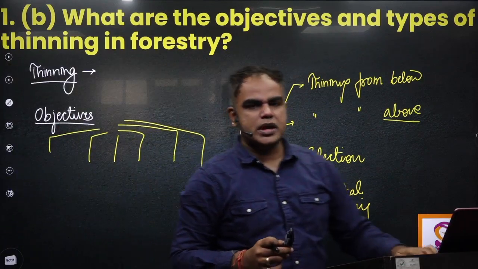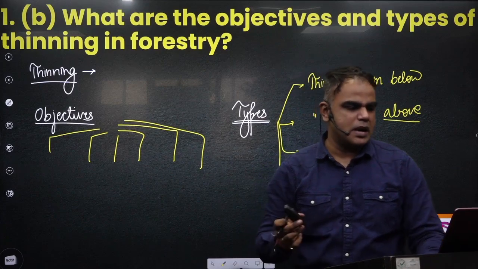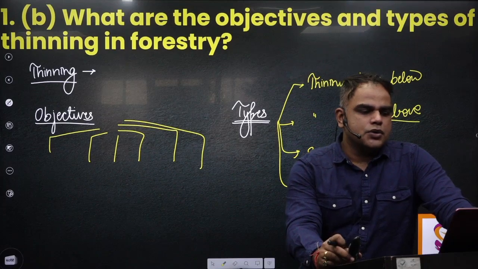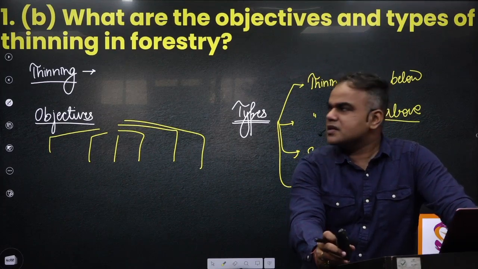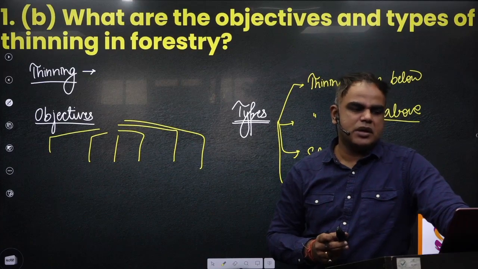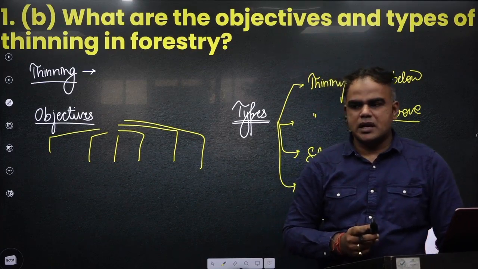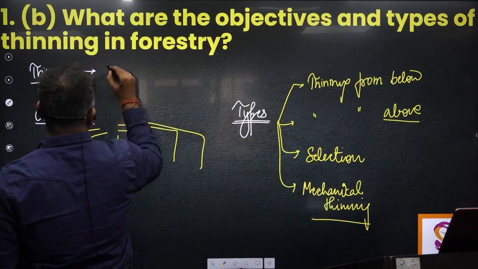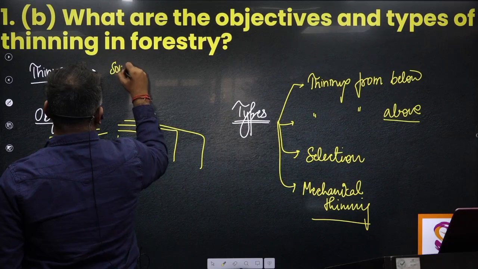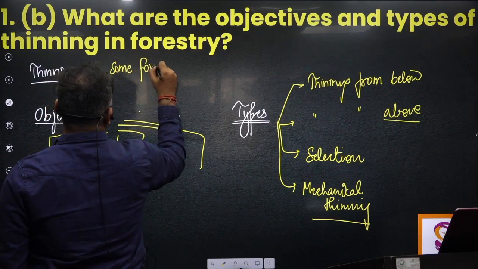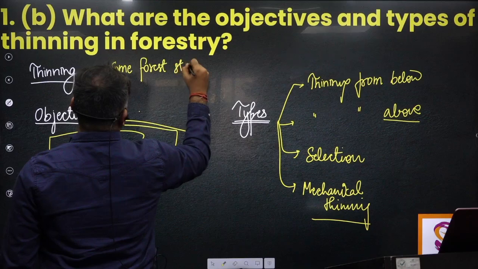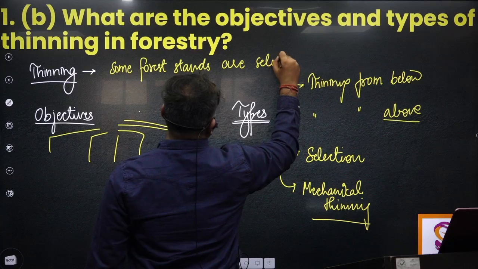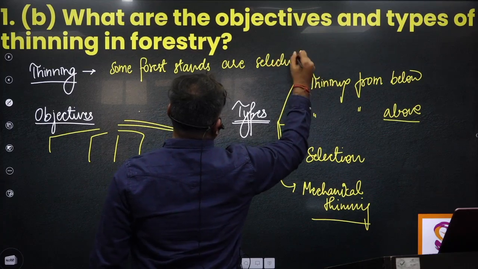Here there are a couple of things I would tell you additionally that you can write and mention. First, in thinning, some forest stands are selectively removed.